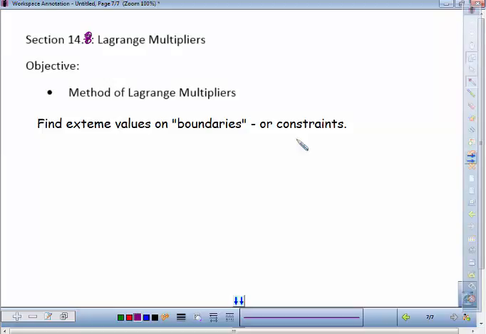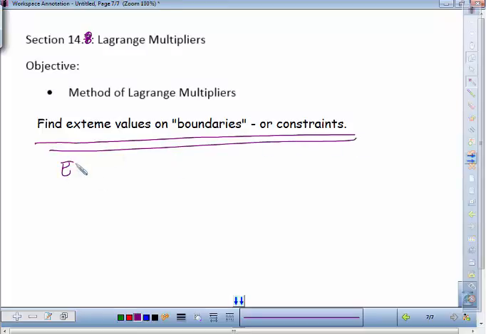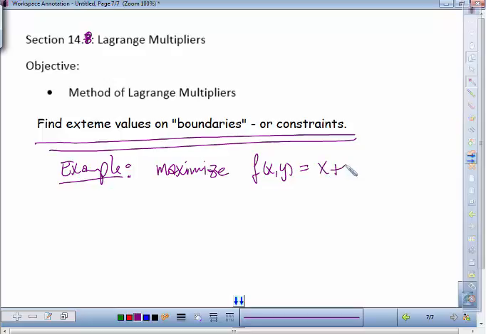So let's start with a really simple example. Let's maximize a function, and let's just say x plus y. That's a pretty simple function.